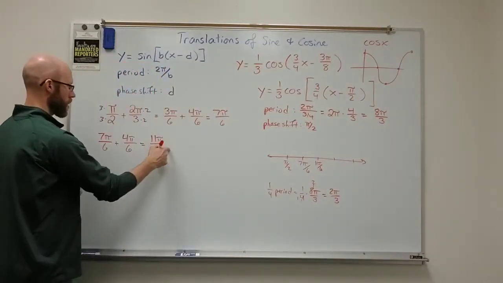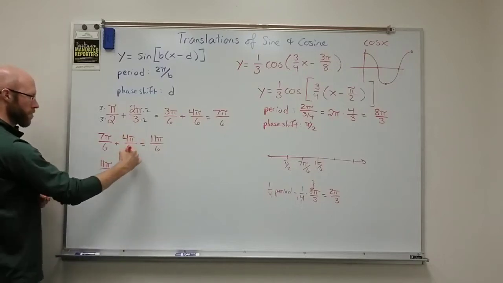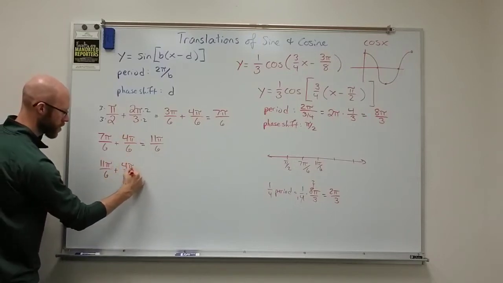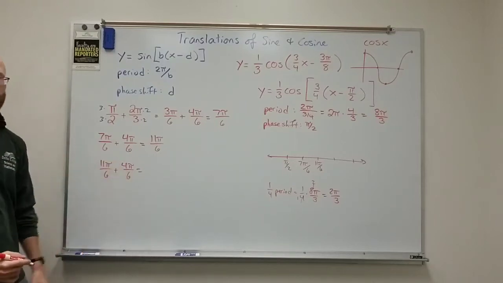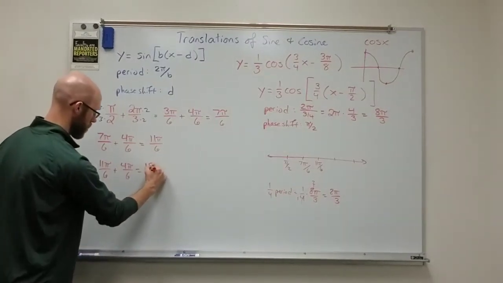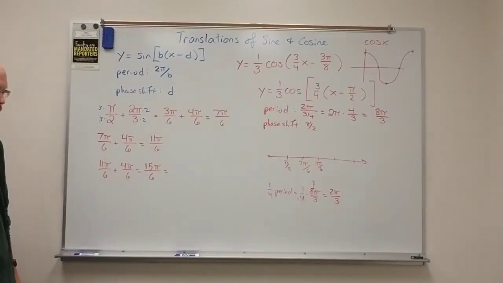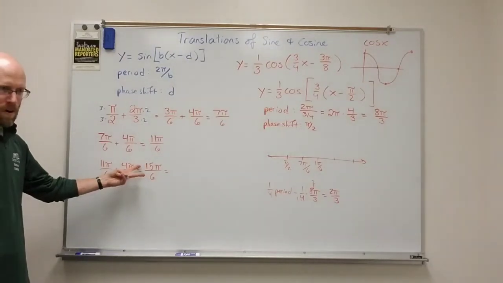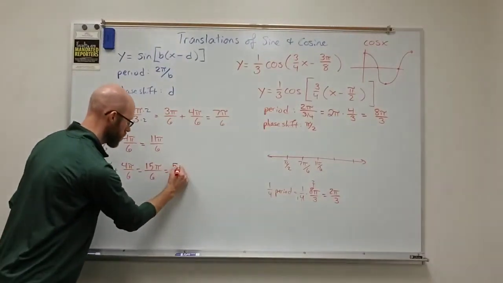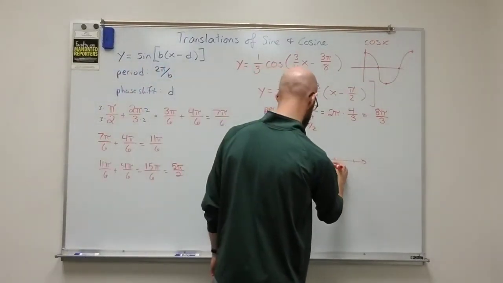Let's see, then we take 11 pi over 6 and add another 4 pi over 6. And that will give us 11 and 4 is 15 pi over 6. And 15 pi over 6, of course, reduces down to, if I cut them both by 3, 5 pi over 2. So that's going to be my 3/4 point.